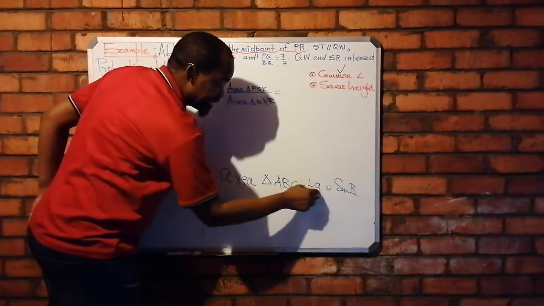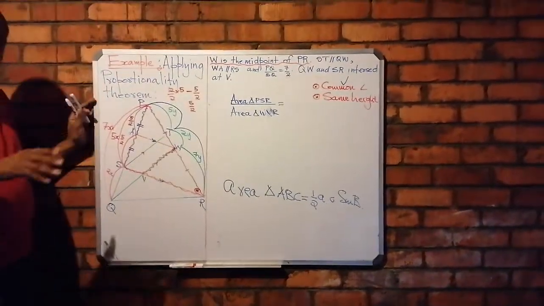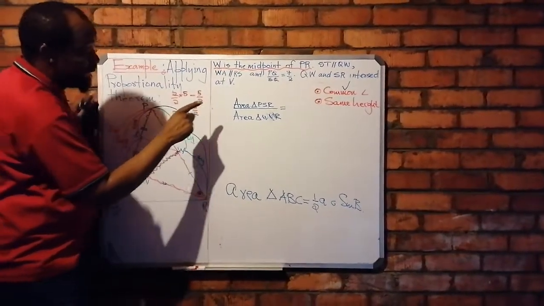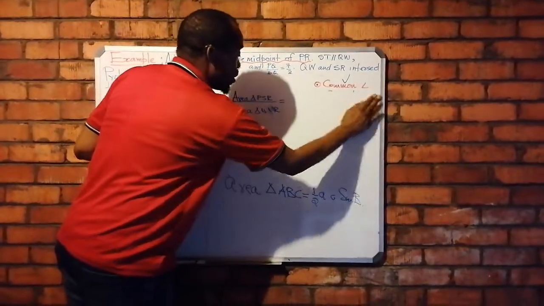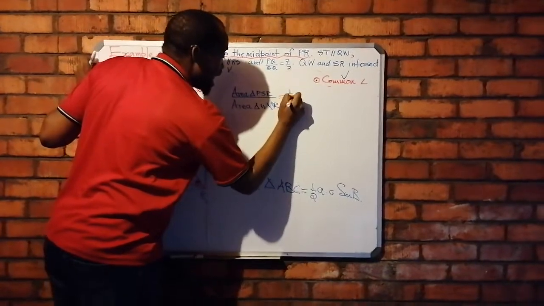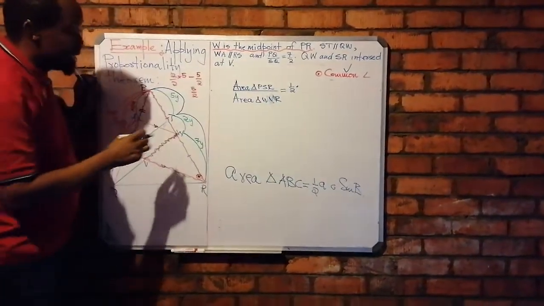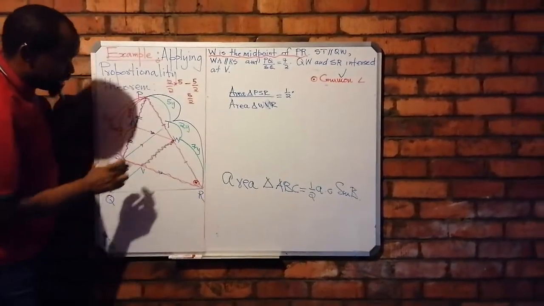These two sides are including that angle. Now, I'm going to use that here. Area of triangle PSR is equal to half, multiplied by the angle which is common, angle R.